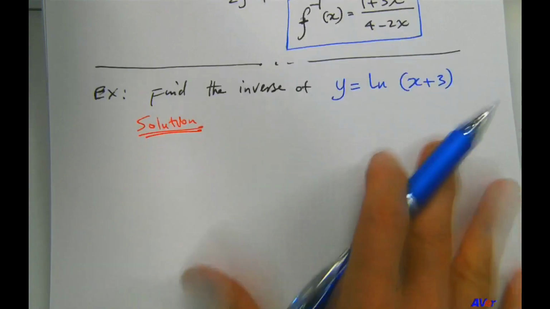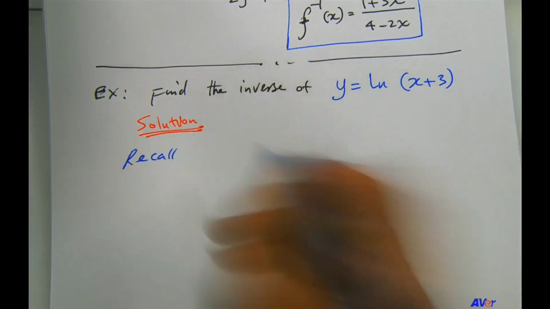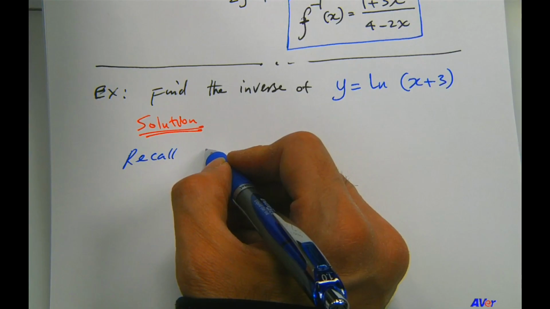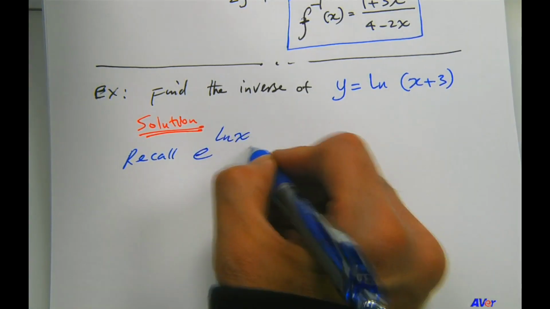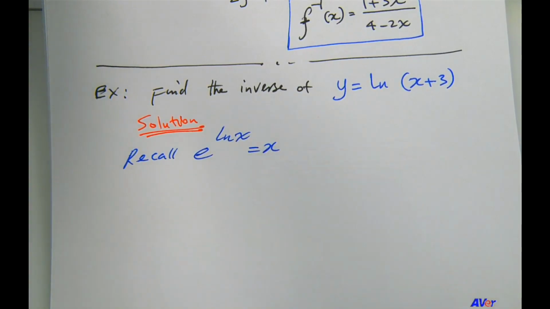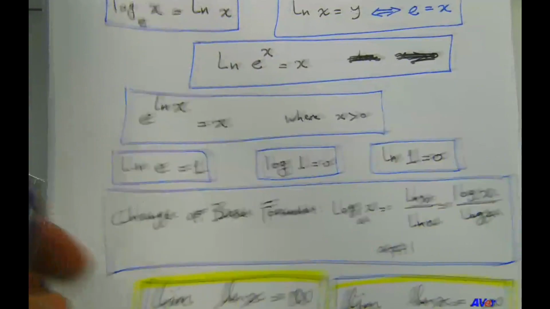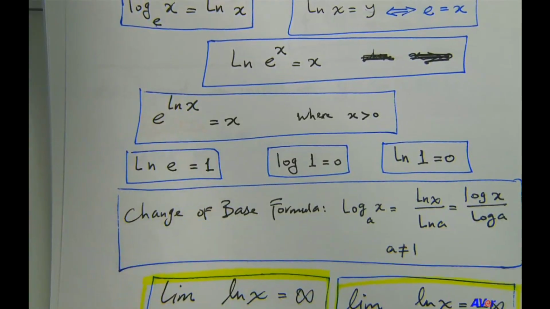So recall, this is from one of the properties that we just mentioned. Recall that e to natural log of x equals x, right? I remember it's one of the ones that we mentioned. Let me see. So it's that one. We're using that one. e to natural log of x equals x.